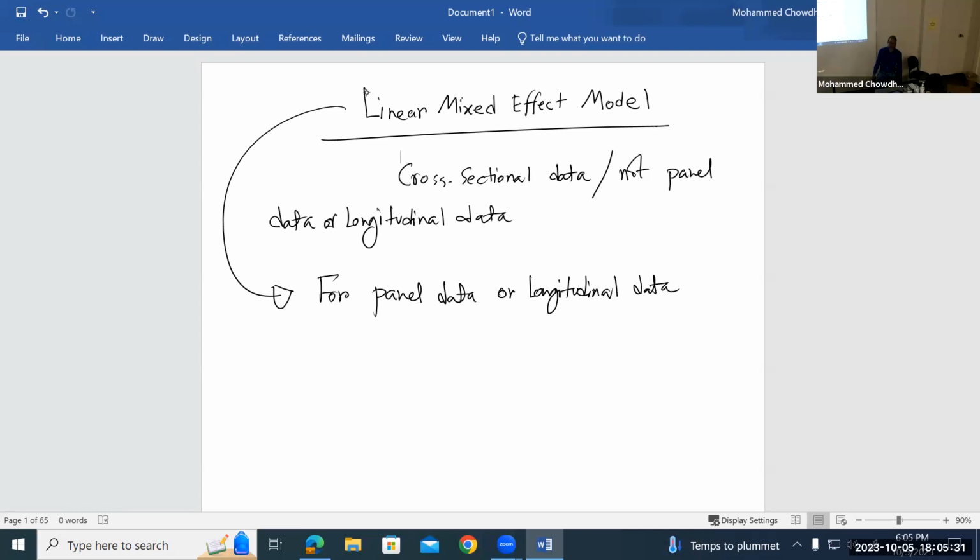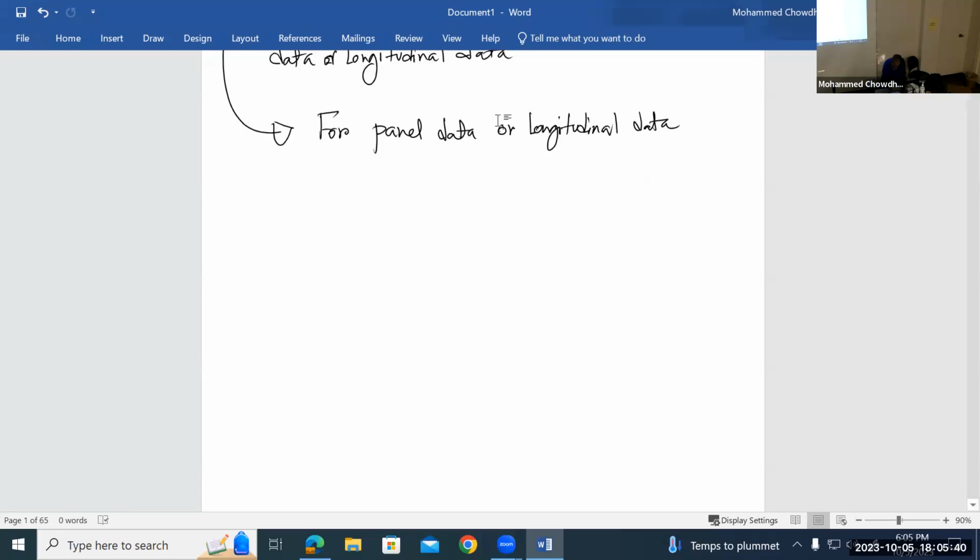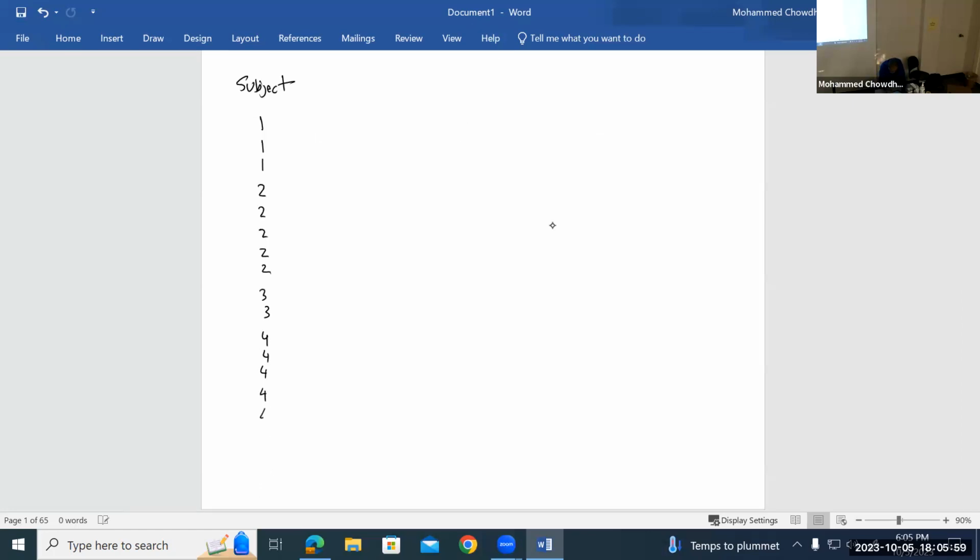Okay. So what is longitudinal data or panel data? So suppose you have these things. Subject 1, 1, 1, 2, 2, 2, 2, 2, 3, 3, 4, 4, 4, and then 4, 4, 4. These are the subjects.